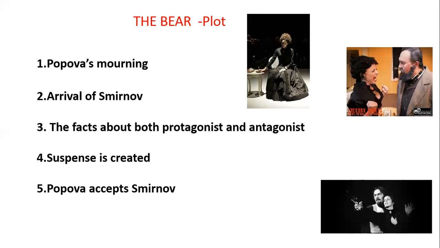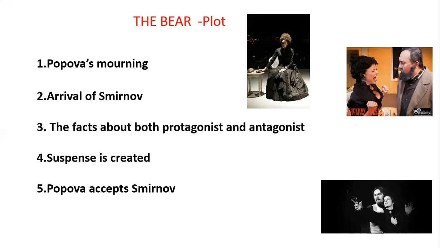Now, we have the mourning period of Popova at the beginning. Then it changes after the arrival of Smirnov. And there we find some secrets of Nikolai, that means Popova's husband. And then we find Popova's inability to use a gun. And all these help Smirnov to dominate the play.